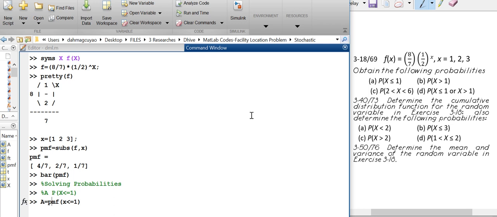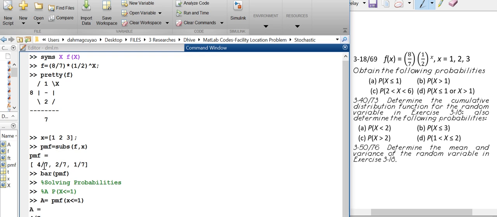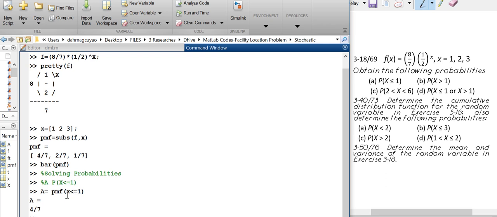We choose from the probability mass function the values for which x is less than or equal to 1. I think only 1 is less than or equal to 1, so the probability should be 4 over 7. So A is indeed 4 over 7.